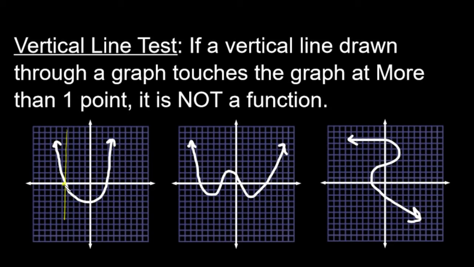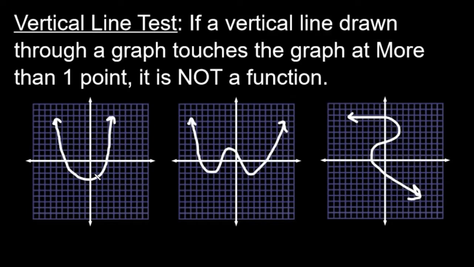No, I touched it just right there. Any of these lines here only touch the graph at one point. So this left example is a function, because if the line touches more than one point, then it is not a function. If it only touches one point, then it is a function. If it doesn't touch a point, that doesn't necessarily mean anything.